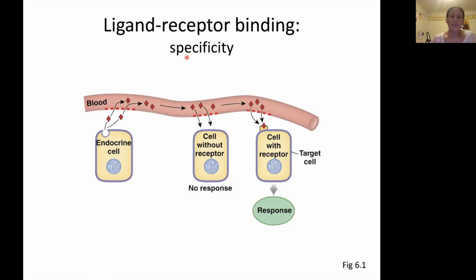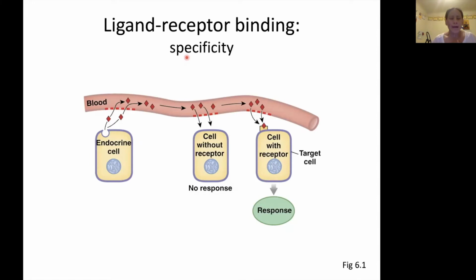If you think about what I talked about earlier in this set of lectures, remember that I said that hormones are secreted into the bloodstream, which means that they're going to reach all over the body, right? So they're going to go everywhere.